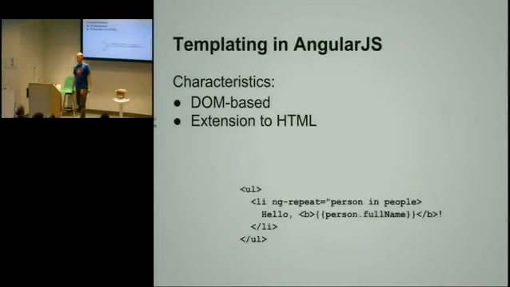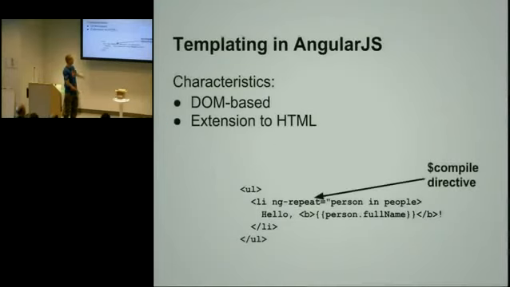So let's have a look at the simple template. In this case, we have a list of people, and we're just greeting everybody. So we have a UL, LI, and you repeat person in people, and then we're going to print hello, the person's name for any number of people in a people array.